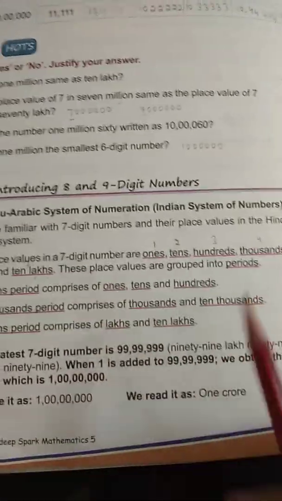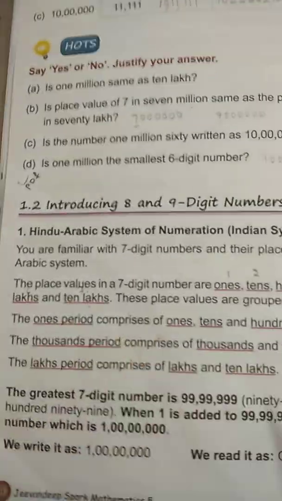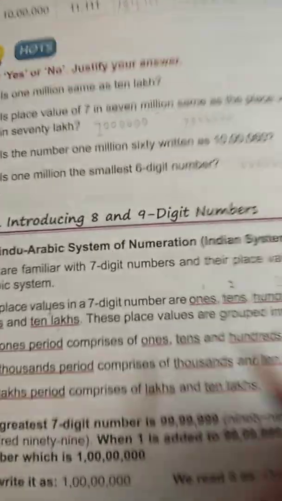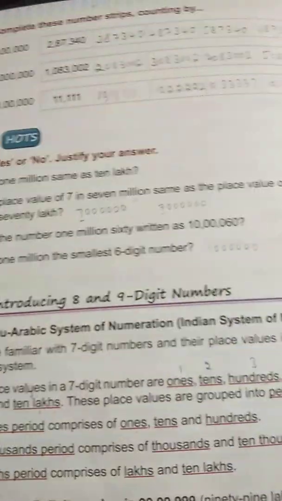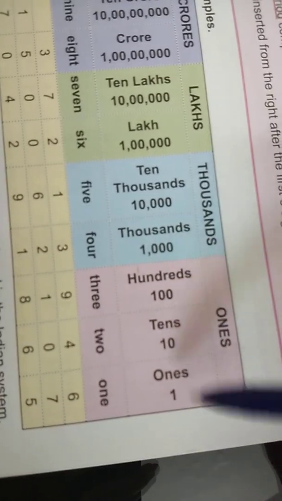These place values are grouped into periods. Now what are those periods? In the ones period: ones, tens and hundreds. This is one period.